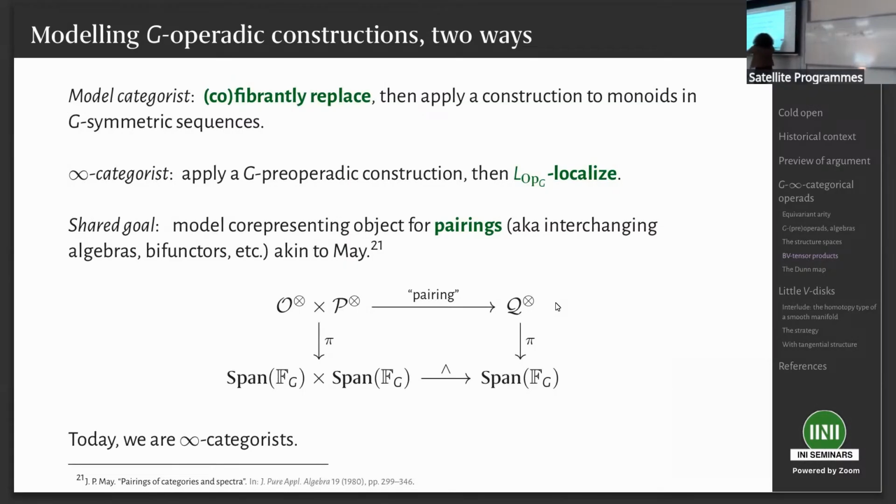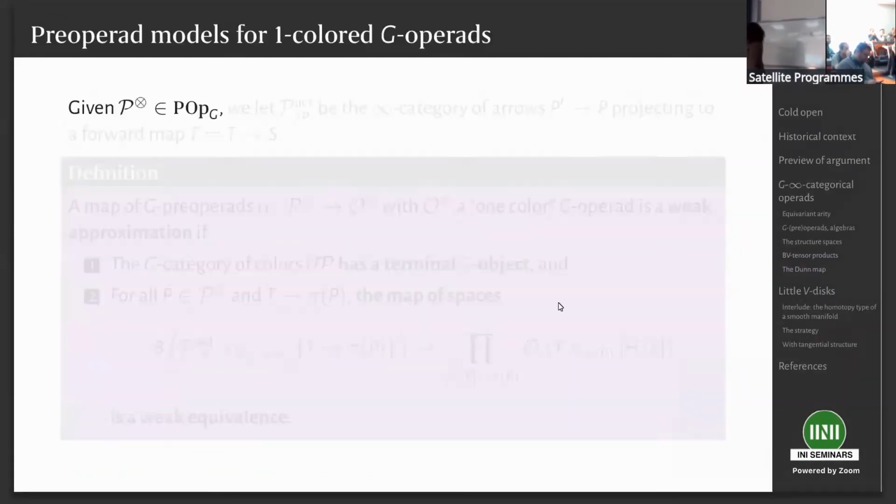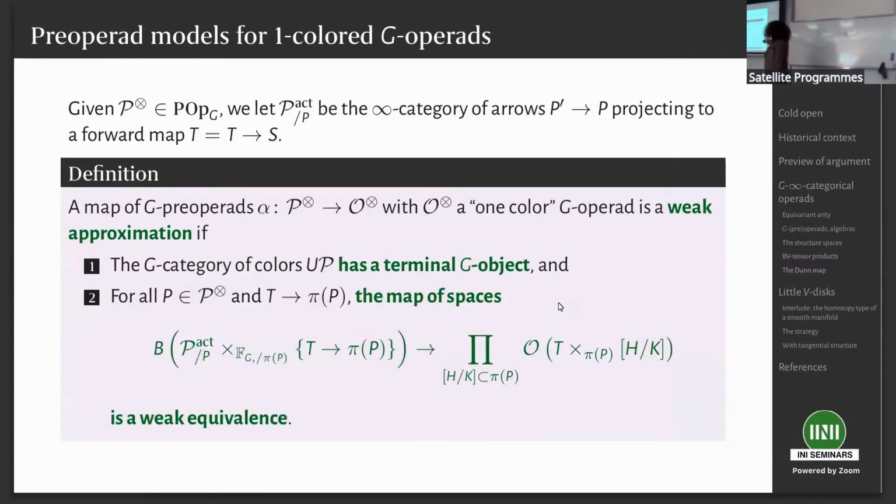This pushforward over here is something that co-represents it. But it doesn't satisfy the Segal conditions that we wanted. We have some formal way of fixing that called L_op-G localization. And you just have to develop some category theoretic tools called approximations, whose definitions are here, to do that. And you do it. I guess that's all I have time for.